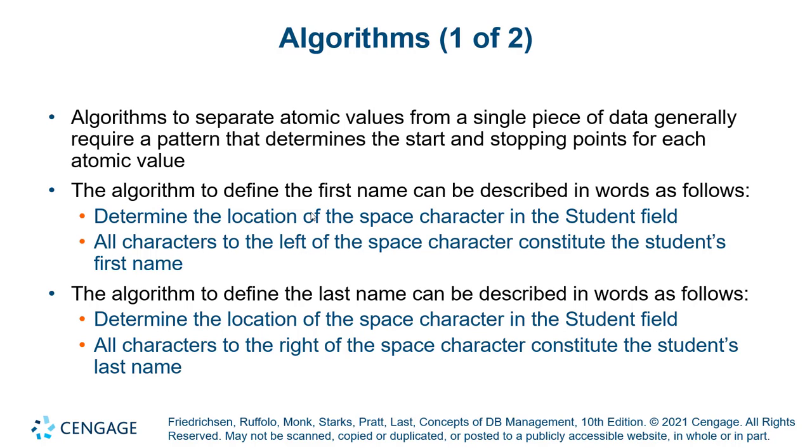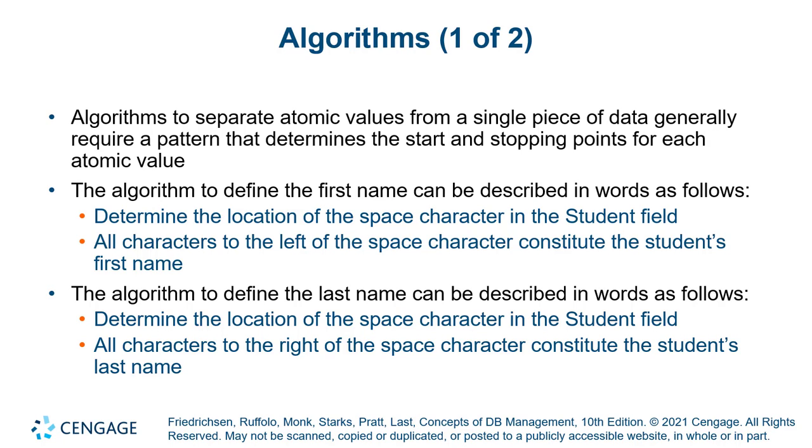And that brings us to algorithms. Algorithms are a term that you'll hear pretty frequently in the world of programming. But essentially, an algorithm is just a defined set of steps that we use to solve a problem, whatever it may be. In this particular instance, we can have an algorithm to separate out our values to make them atomic values, right?